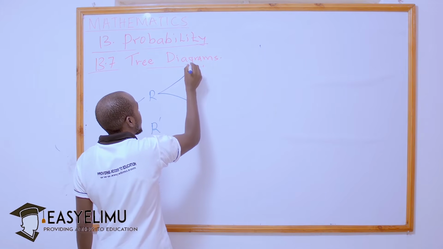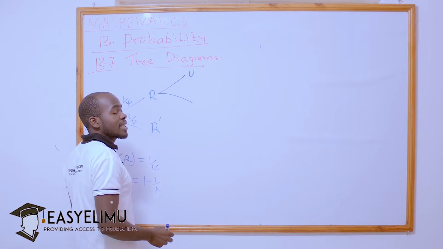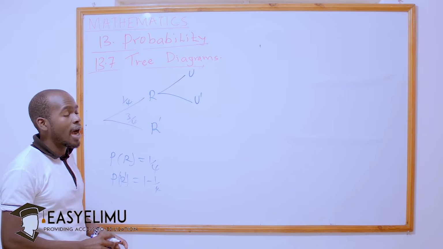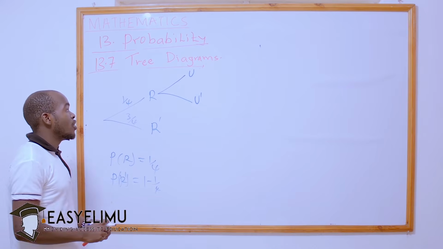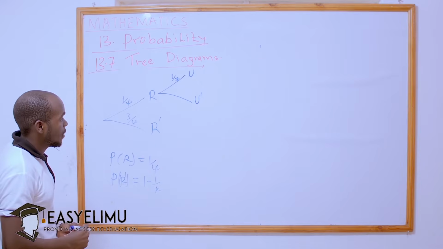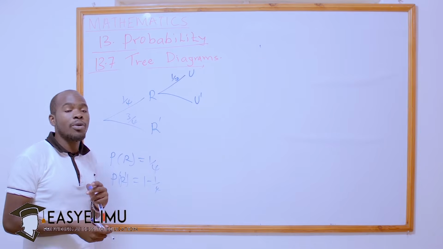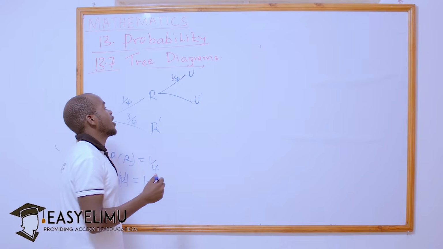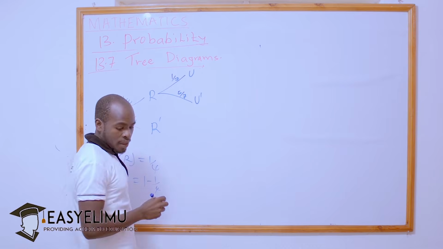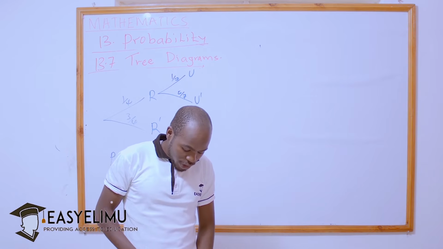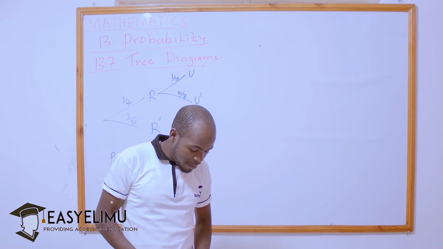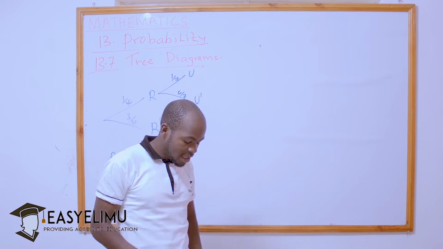So we can represent that by U to represent carrying an umbrella, and U naught not carrying an umbrella. So the probability of carrying an umbrella is 1/7, and not carrying an umbrella will be 1 minus that, which is 6/7.